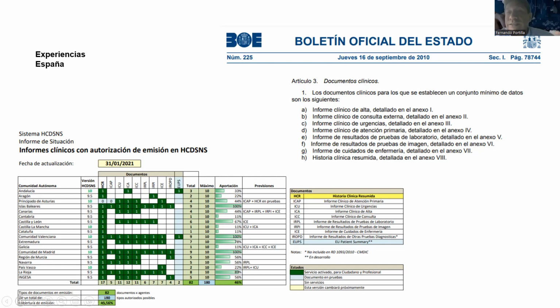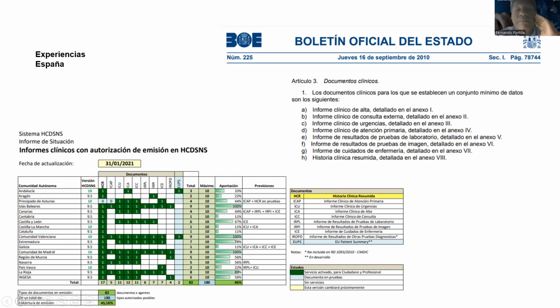So these were concepts that were beginning to come up in the different countries. A summary, although there are specific documents for the different types of medical events, laboratory, images, medical consultations, it's just one specific summary.